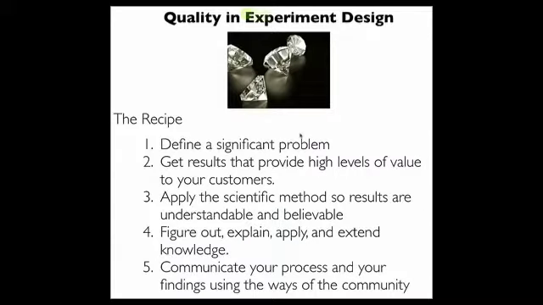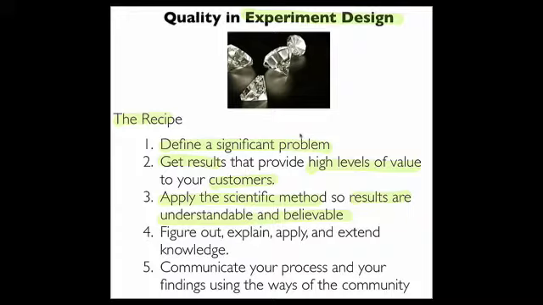Doing great experimental work is like baking a cake. There's a standard recipe. And here's the recipe. We'll go over this again. You always start by defining a really important, a really significant problem. And you get results that provide high levels of value to your end users or the customers of your work. And always we apply the scientific method, and this helps our results be understandable and believable.